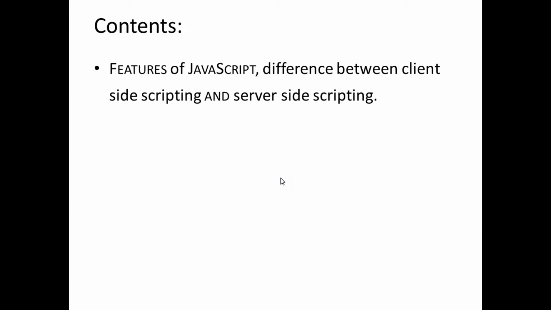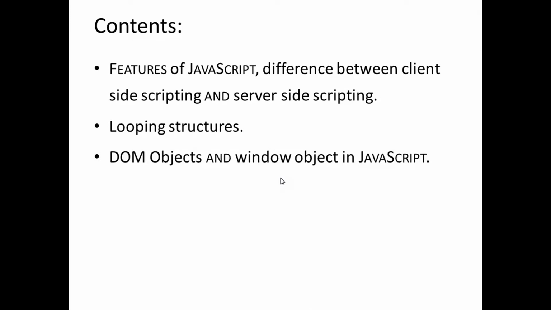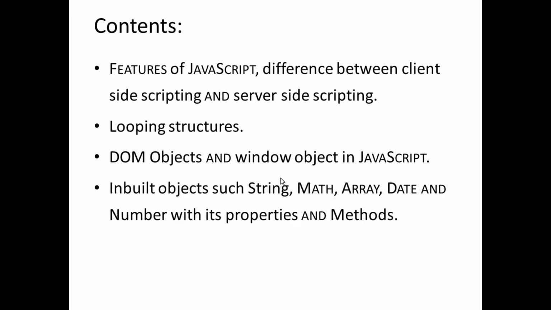What are the features of JavaScript? What is the difference between client side scripting and server side scripting? What are looping structures? What are DOM objects, the document object model, and the window object in JavaScript?